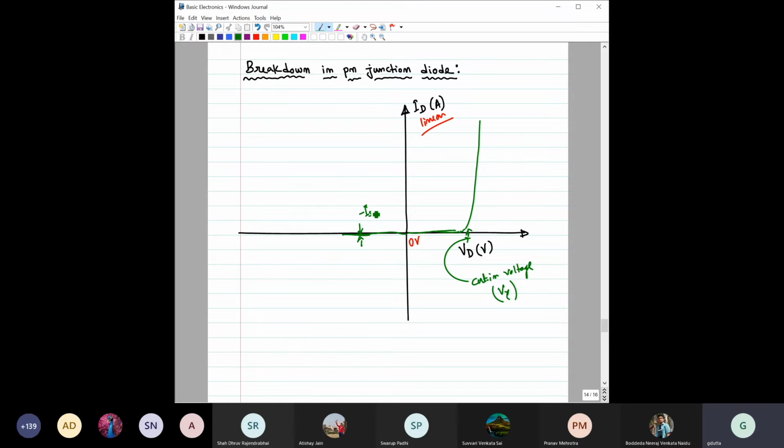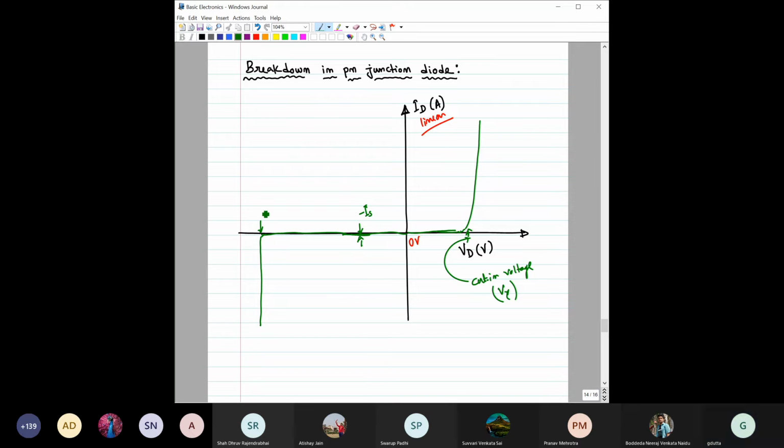But what about in the reverse bias? In reverse bias we have seen the diode current is only Is. But will it be Is all the time? In other words, can we keep on increasing this Vd in the reverse bias as per our wish? The answer is no, because after a certain value of reverse Vd, a breakdown phenomenon will occur.